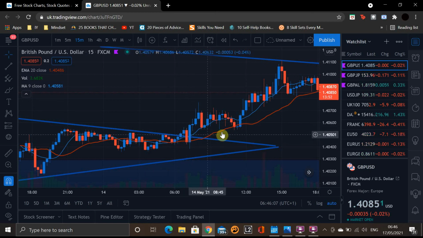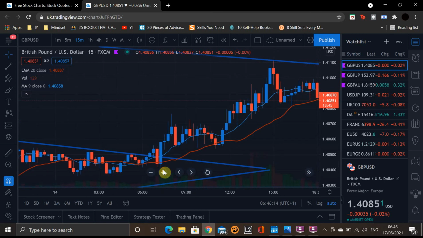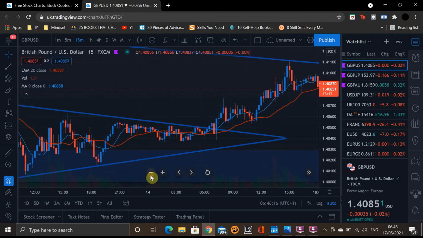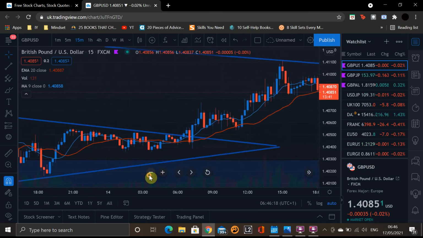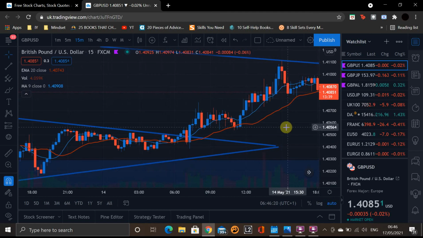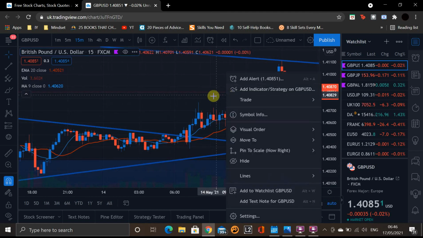I most likely would have got in here. Most likely. I never usually buy in on a breakout. I think it's just quite, let me not lie to you guys, it's a little bit scary. Just a little bit.